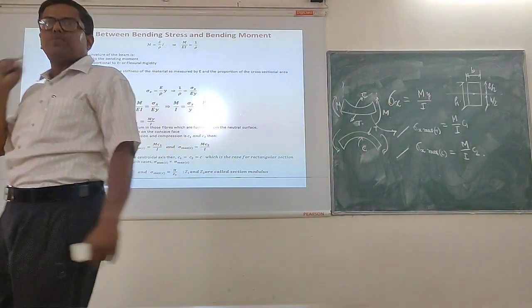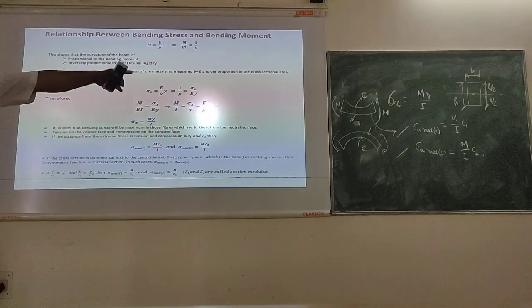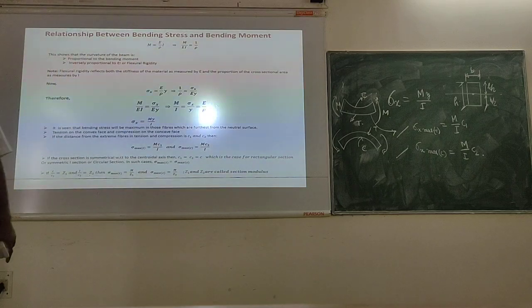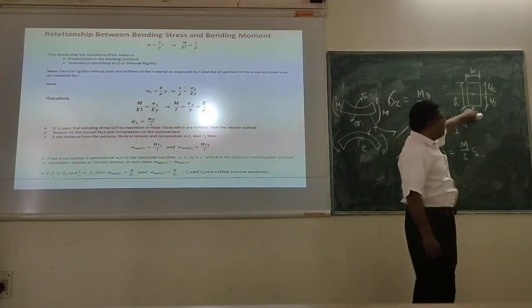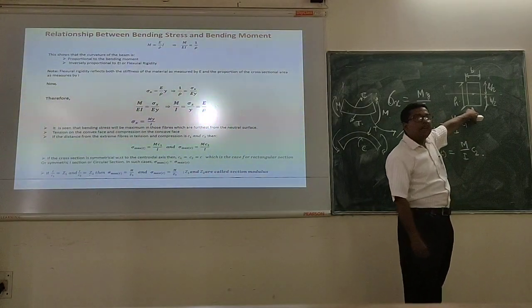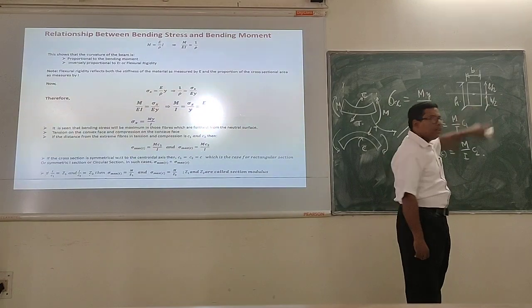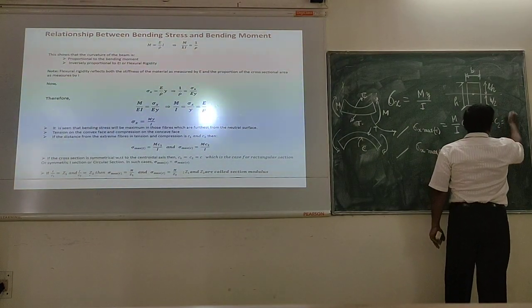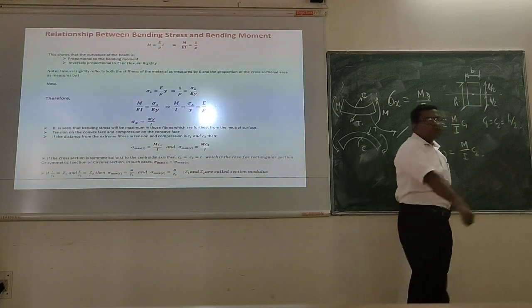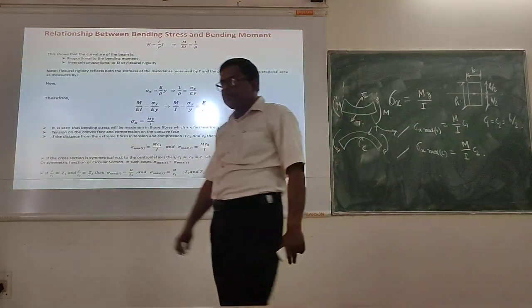So where will the neutral axis position be? The neutral axis position will be at h by 2 distance from top and h by 2 distance from bottom. So is this section a symmetric section or an unsymmetric section? Symmetric section. So if it is a symmetric section, then C1 will become equal to C2, equal to h/2. Have you understood?